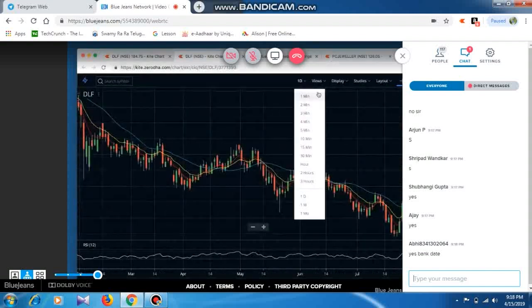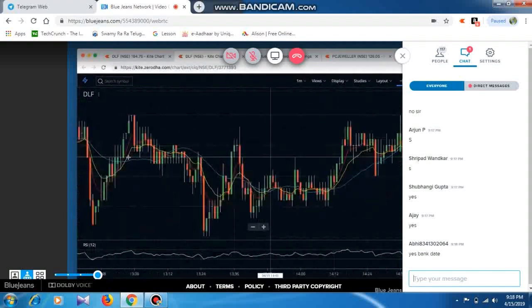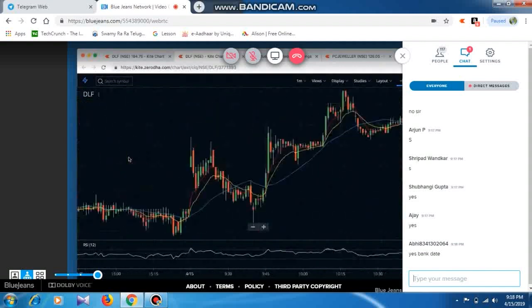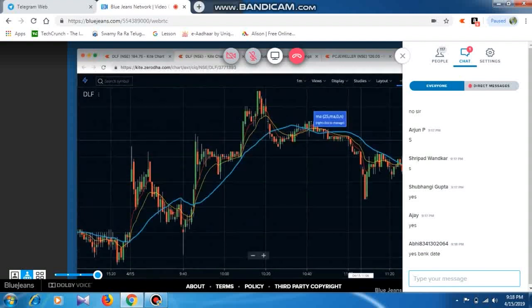Hold on a second. My candles are not for 1 minute. Yeah. So below you can see the RSI indicator. I'll show you how to add the RSI indicator.